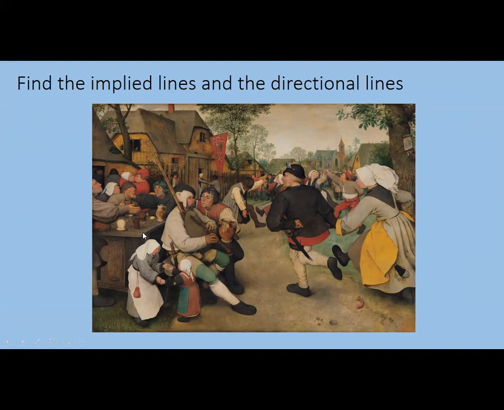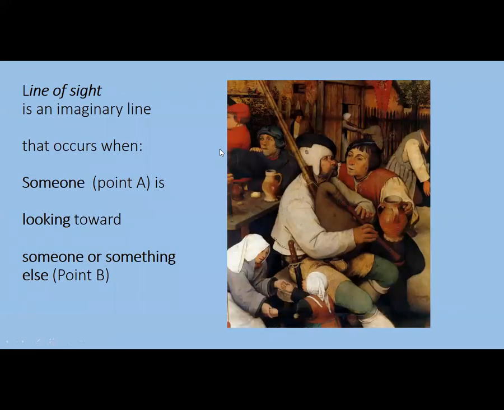The edge of the table creates a directional line that leads toward this man. And then again, implied line, which we just talked about, is when someone points. His hand's pointing downward, it leads us to the bottom of the image. This man's leg is pointing outward, it leads us to this woman. Those are implied lines.